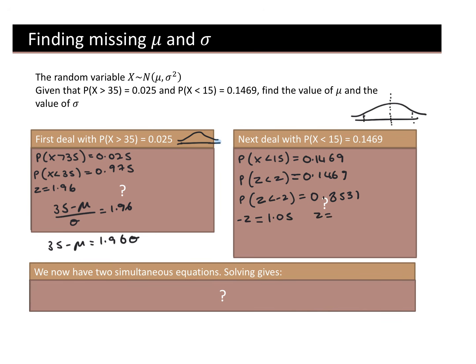So z equals negative 1.05. So now I'm going to have 15 minus the mean over standard deviation equals negative 1.05. So 15 minus the mean equals negative 1.05 times the standard deviation. Okay, so now you can solve these however you wish.